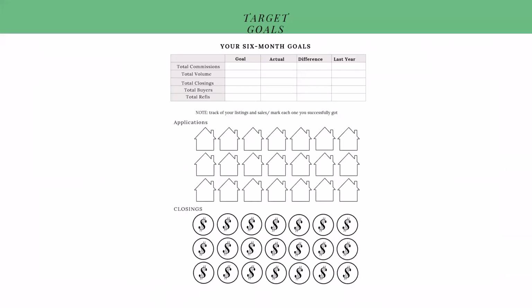And Matt, now more than ever, with where we are in our industry right now, it's important to know what those goals are. And we went into this at depth, not just knowing what those goals are, but how you are going to achieve them. What are the activities you need to do in your business each and every day in order to do that?